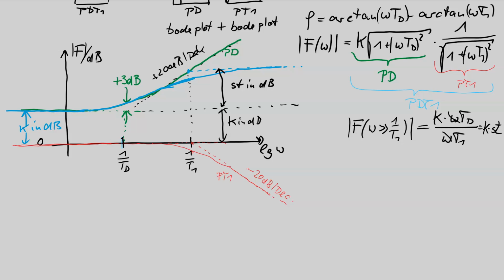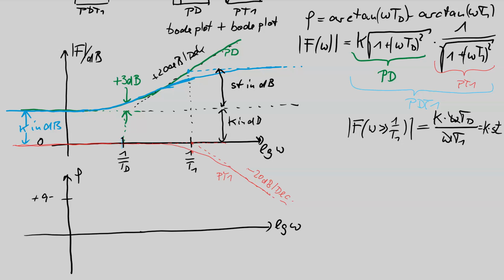we can then have a quick look on the phase curve. The phase curve is again the phase of the PDT1 plus the phase of the PT1. This can be drawn as the following diagram. Again, logarithmic value of omega. Here we have a positive 90.